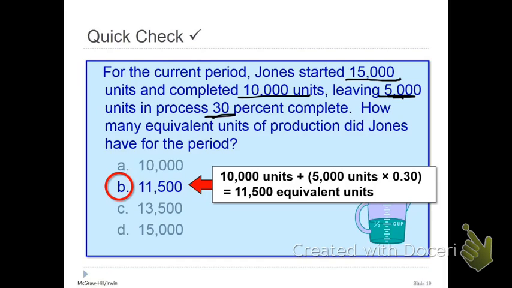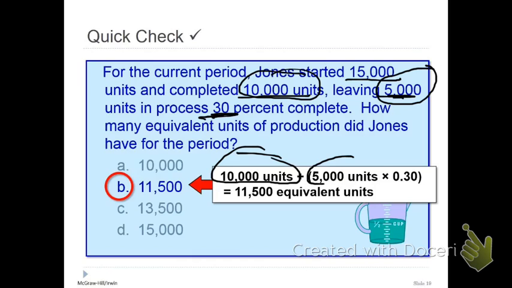How many equivalent units did they produce? Well, the first thing is completed units are always completed. We don't have to worry what they started with. All we have to worry about is what they ended with. And this is another complication for the chapter that we're going to talk about in a couple of minutes. So what they had is 5,000 units that were 30% complete.